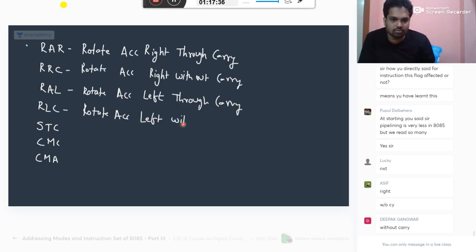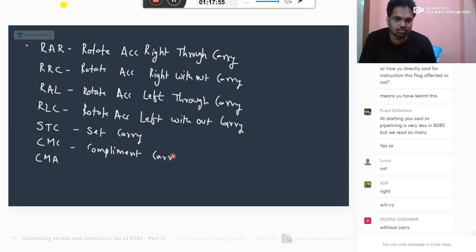Is it okay? These are the group of instructions we are having here. All are 1 byte instructions. What is there here?